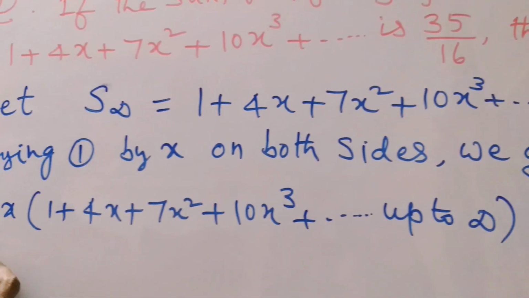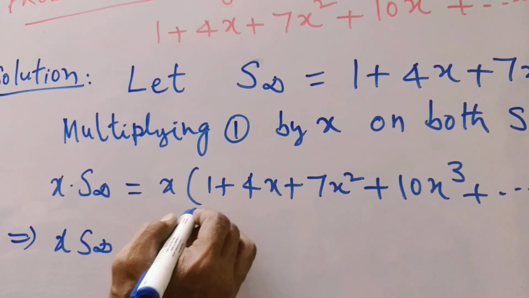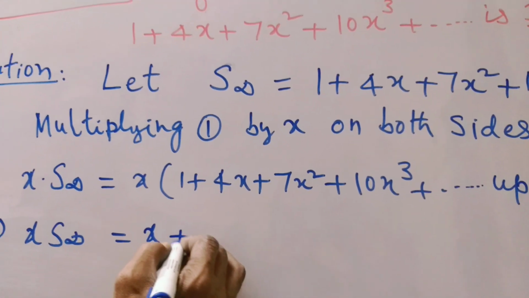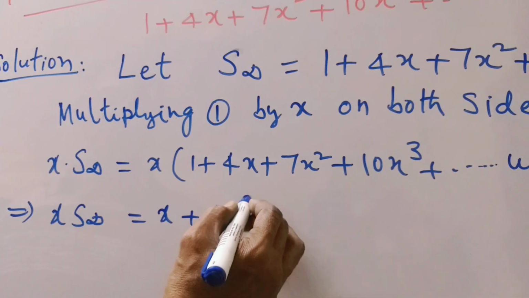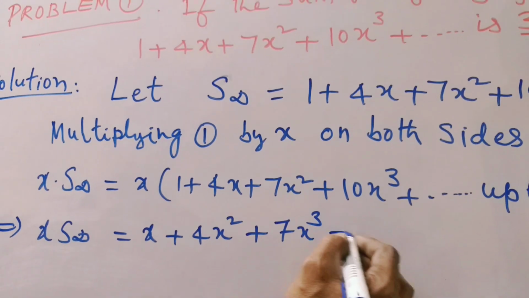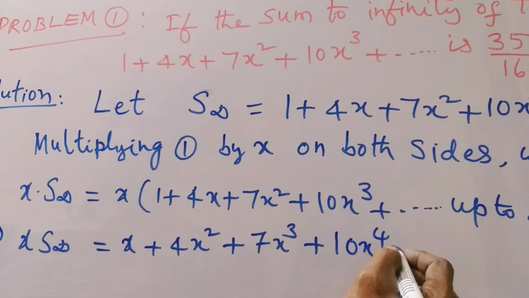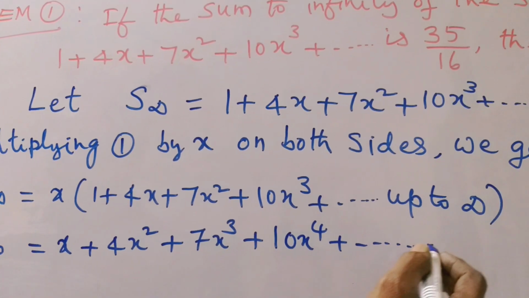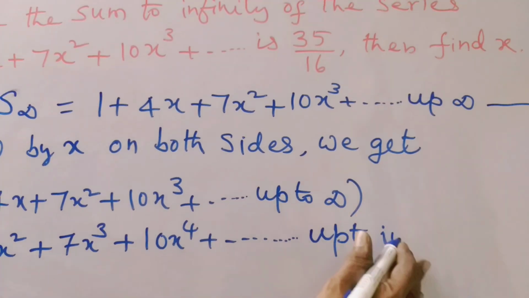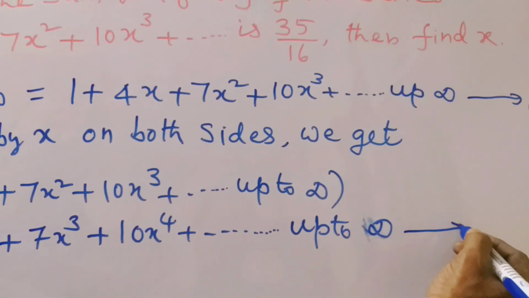After multiplying, we have x into 1, plus x into 4x, plus x into 7x square, plus x into 10x cube, that is x plus 4x square plus 7x cube plus 10x to the power of 4 plus and so on up to infinity. This is the second one.